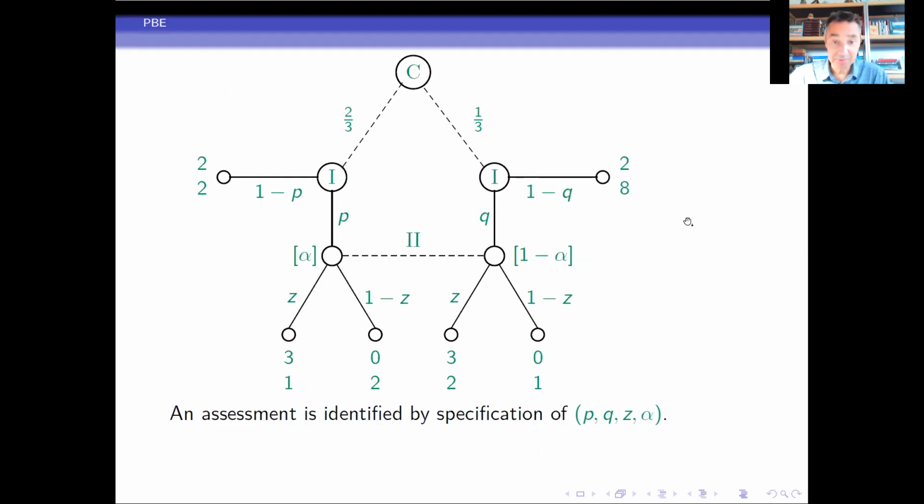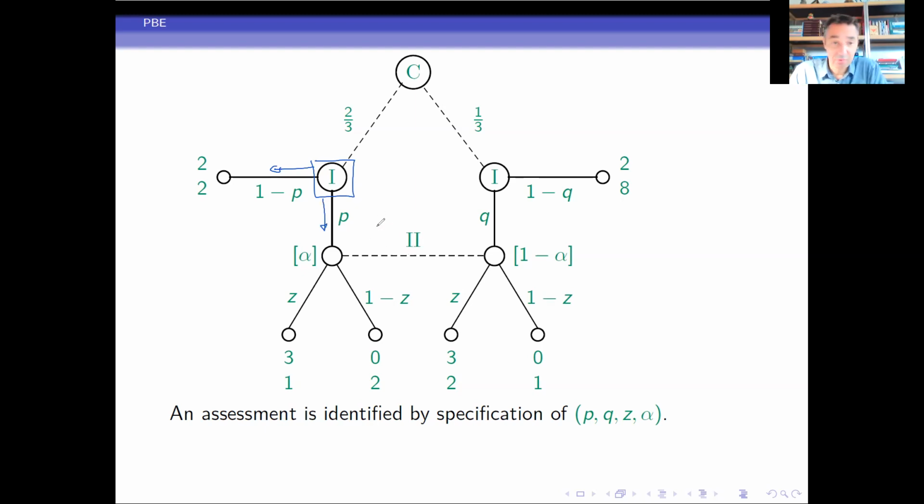We're going to look at perfect Bayesian equilibria, also allowing for mixed behavioral strategies, which means that a player can, in each information set, choose to randomize between his actions. So for example, player 1 needs to make a decision here, and he can choose to go this way or that way.